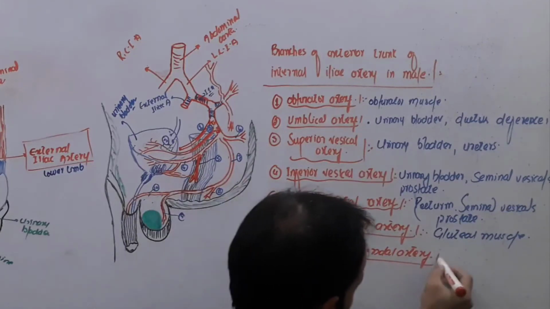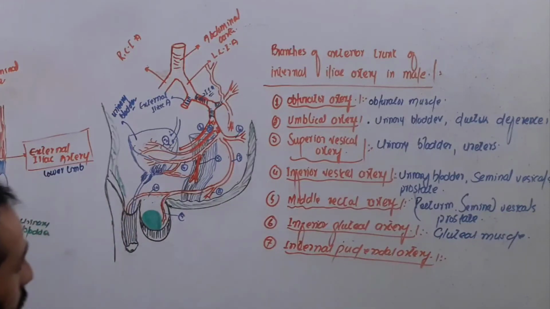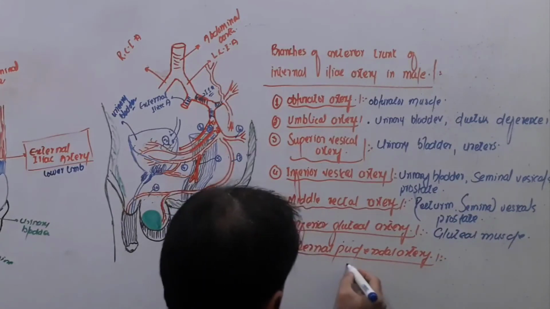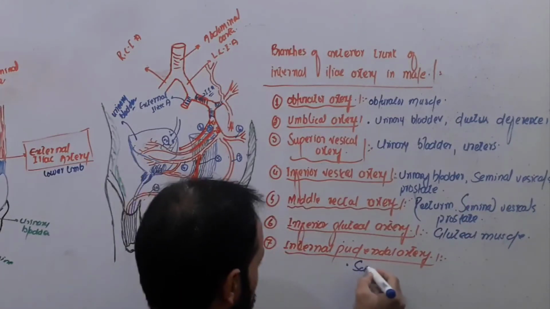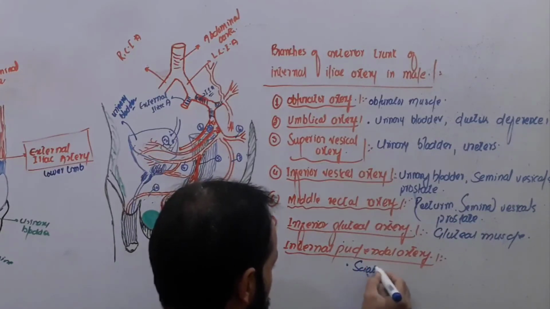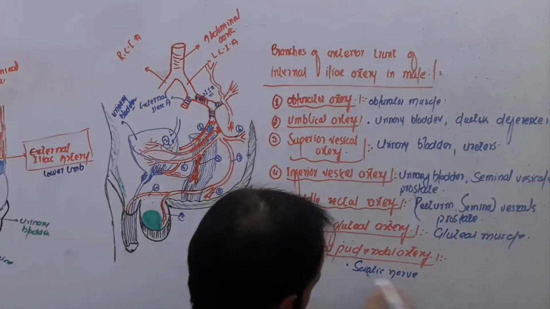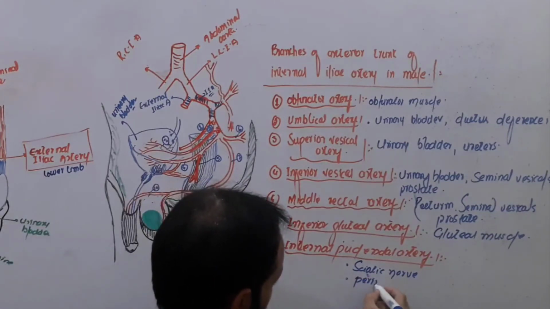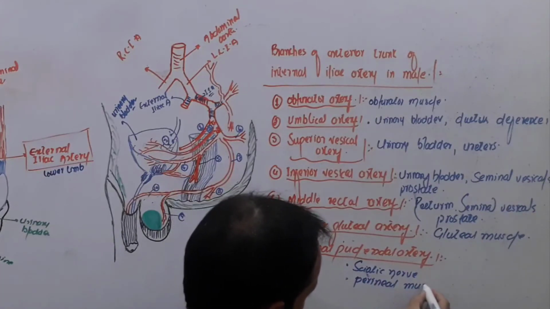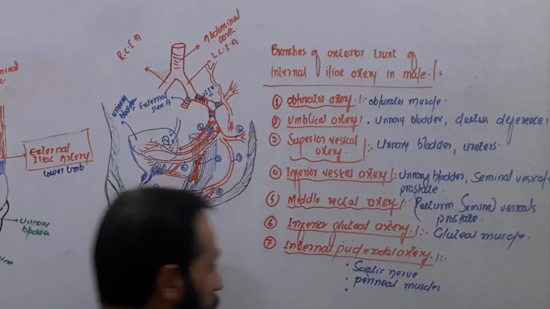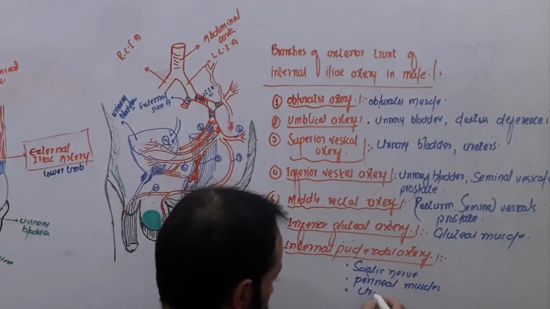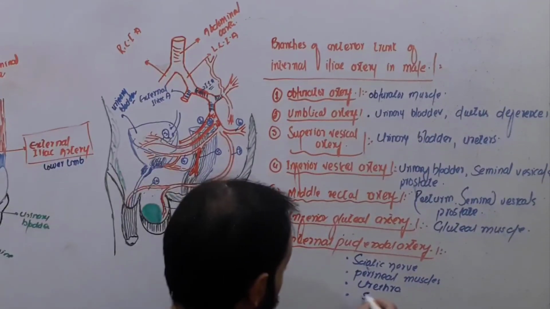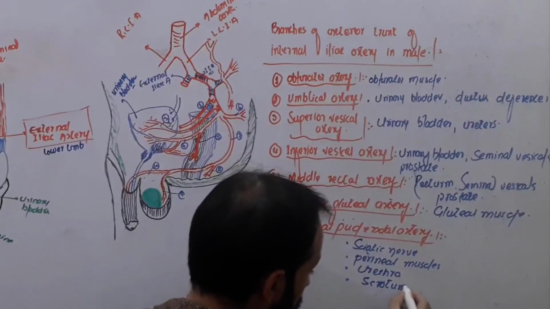and this artery gives many branches and it supplies many viscera of this human male pelvis, and those branches are, it supplies blood to the sciatic nerve. I'm writing here, it supplies blood to the sciatic nerve. It is also responsible to supply blood to the perineal muscles. And it is also responsible to supply blood to urethra in case of males, and it is also responsible to supply blood to scrotum, right?